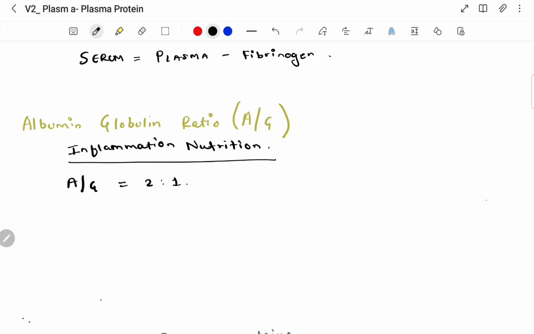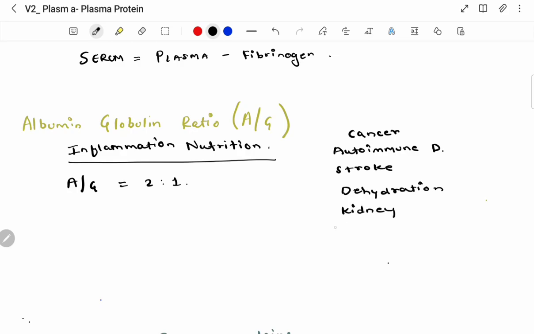But this ratio is altered in different disorders including cancer, autoimmune diseases, stroke, dehydration, and several kidney and liver diseases. So the albumin globulin ratio is a major indicator in these diseases.